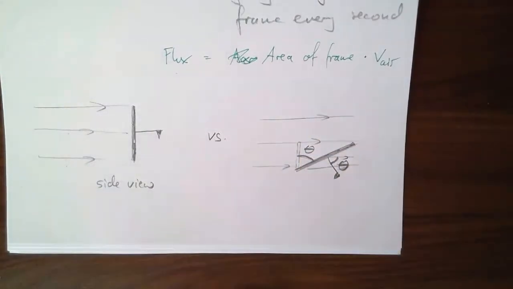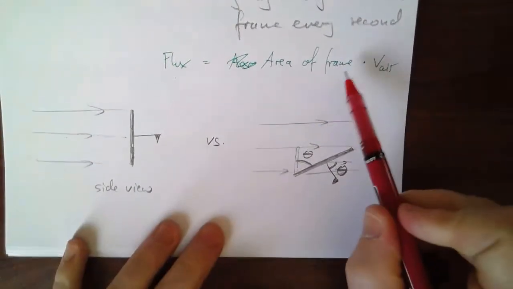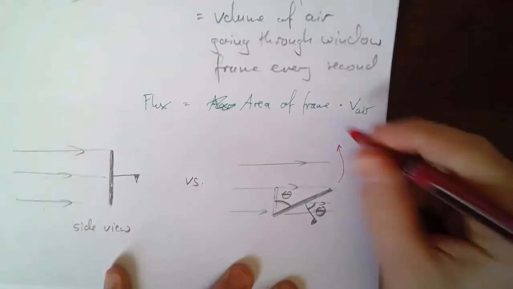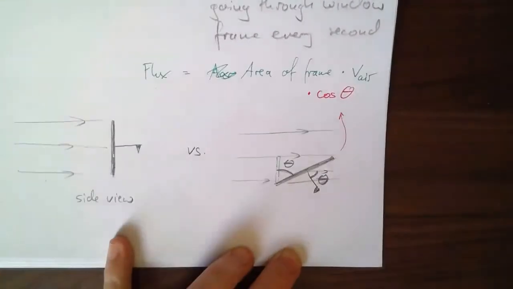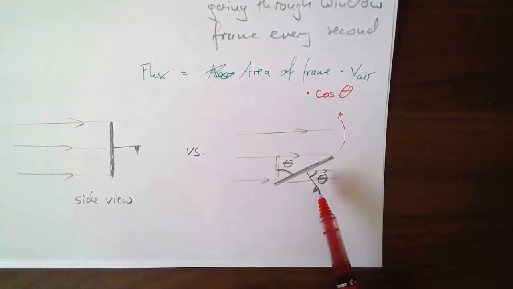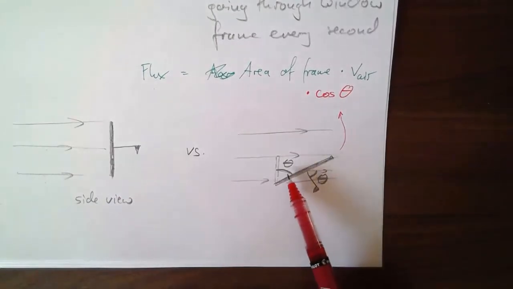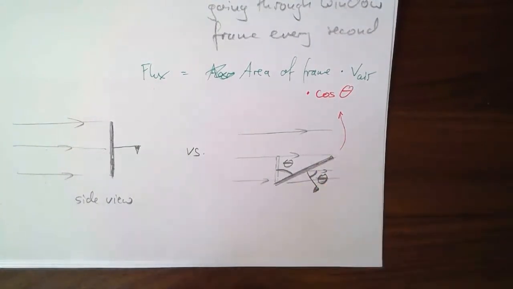So the actual flux, the actual thing we're going to have to add up here, from this, you have to add a factor cosine theta, where theta is the angle between the flag and the flow line.